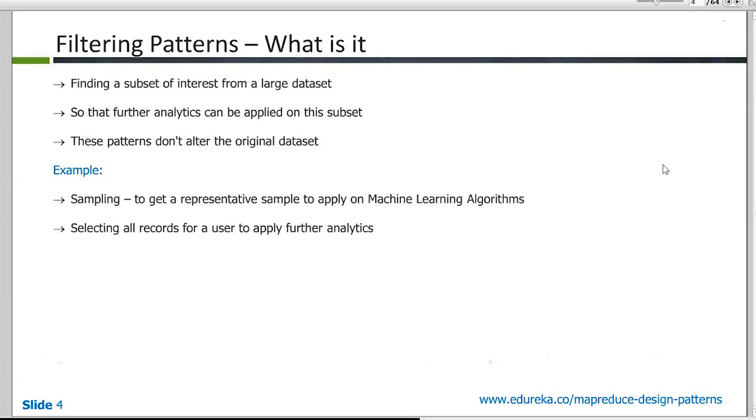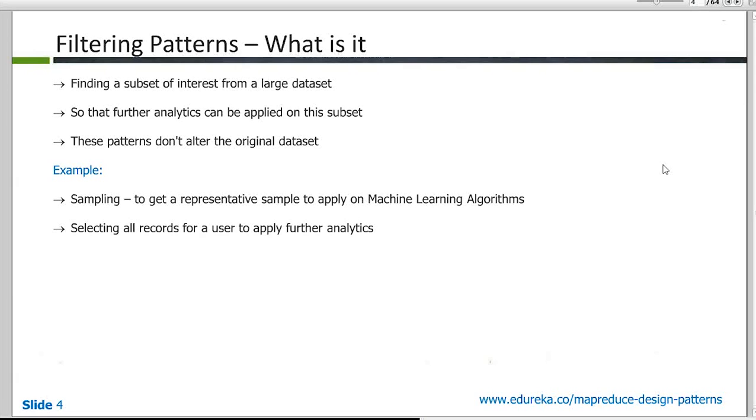The applicability of applying a filtering pattern is quite ubiquitous. You will see this in numerous places, and a few examples which I can give here is when you are trying to train a machine learning algorithm, for example a classifier or a clustering algorithm. Generally if that algorithm doesn't run on a very parallel architecture, the chances are if you give it a lot of data, those algorithms will slow down a lot.